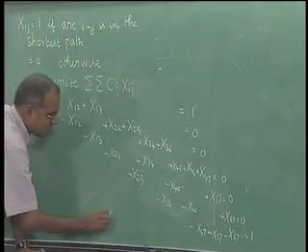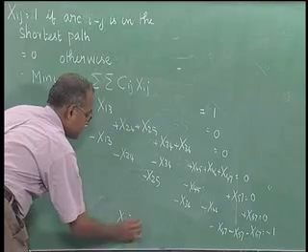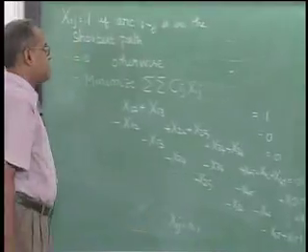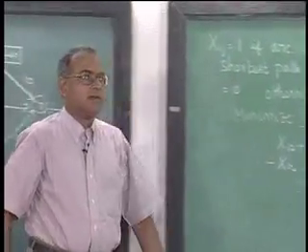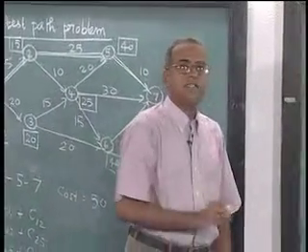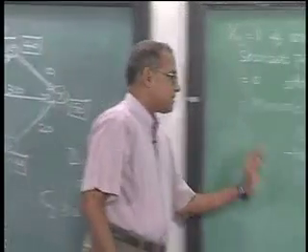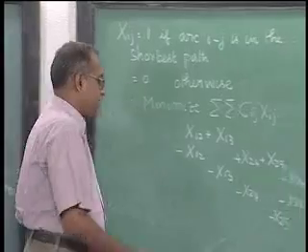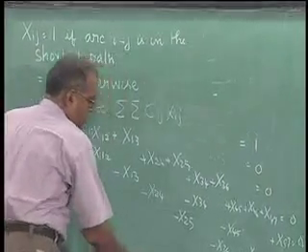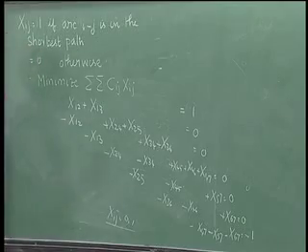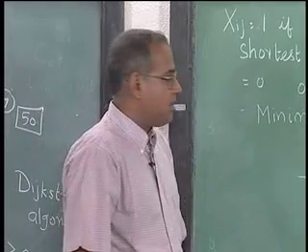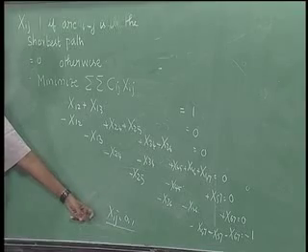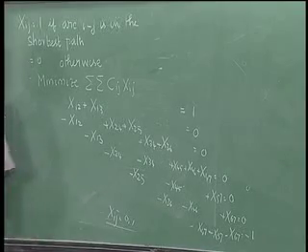Now, we have xij is equal to 0, 1. Now, this completes the linear integer programming formulation of the shortest path problem, because xij equal to 0, 1 makes xij a binary variable, and therefore, this formulation is a linear integer formulation where all the variables are restricted to be binary variables.